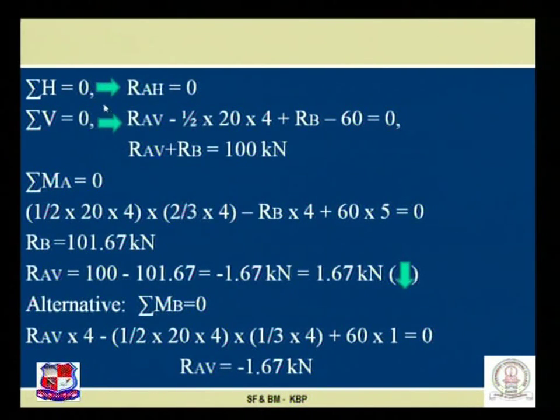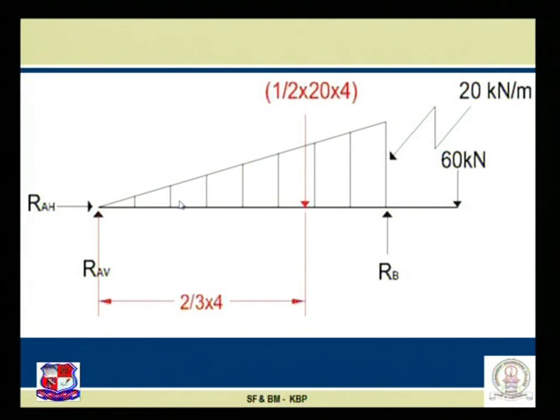Now let us use the second equilibrium condition, sigma V is equal to 0. Sigma is the symbolic representation of summation, and V is nothing but the vertical forces, so sigma V is the sum of all the vertical forces. Please refer to this figure carefully.